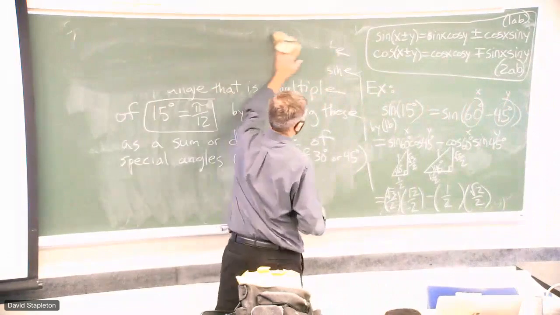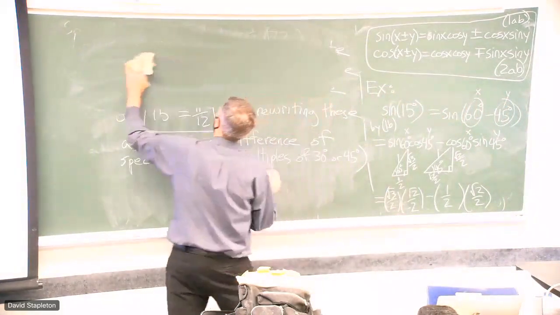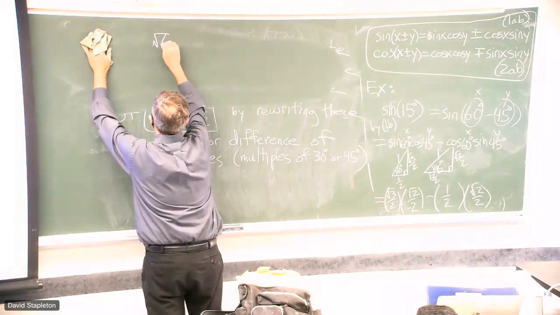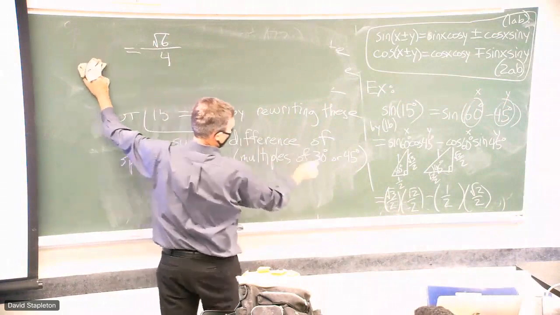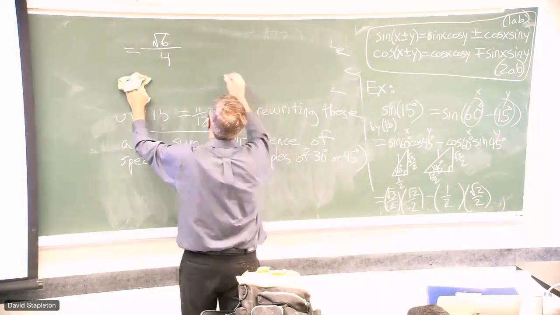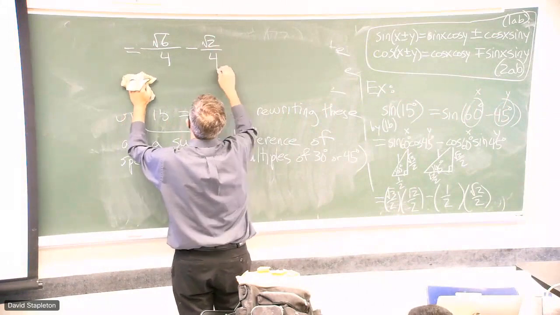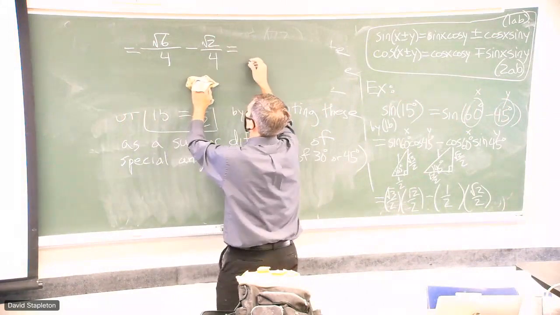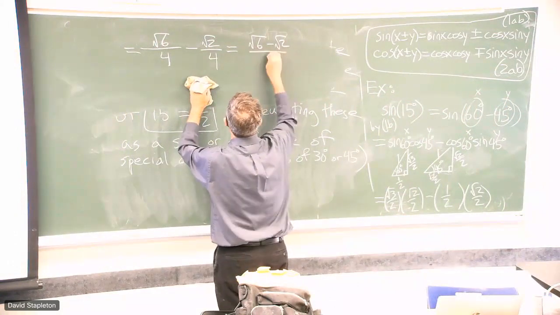Let's see what it is. It is top times top over bottom times bottom, right? It's square root 6, which is square root 3 times square root 2, over bottom is 4. And the next one, minus 1 times square root 2 is minus square root 2 over 4. And luckily, they both have the same denominator, so I can subtract them directly. It's just square root 6 less square root 2 all over 4.